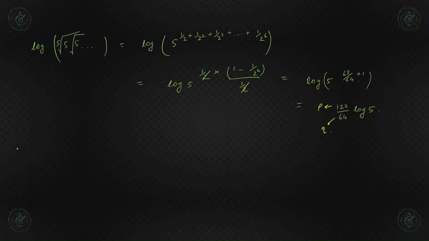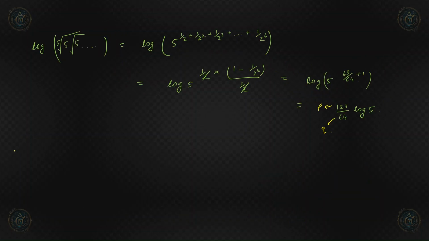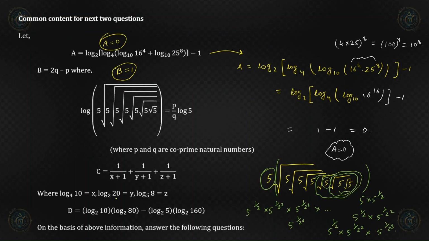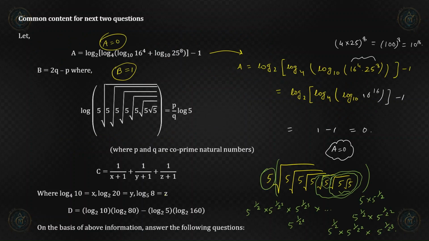So for c we can say it is 1 by x plus 1 plus 1 by y plus 1 plus 1 by z plus 1. Okay, so c is 1 by log of 10 base 4 plus 1, plus 1 by this number, log 20 base 2 plus 1, plus 1 divided by log of 8 base 5 plus 1.